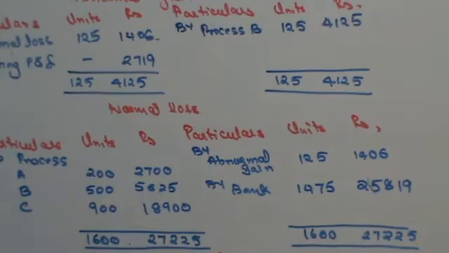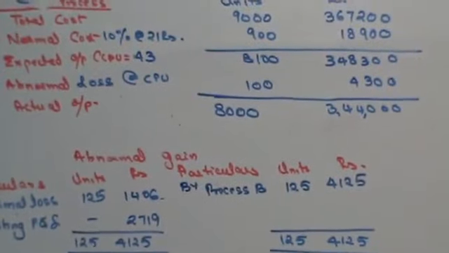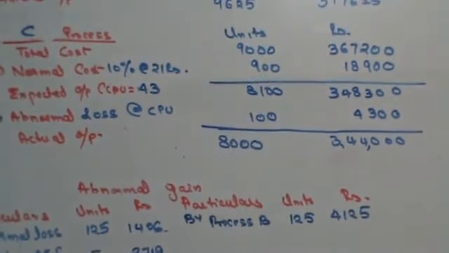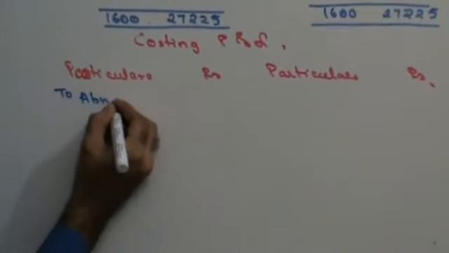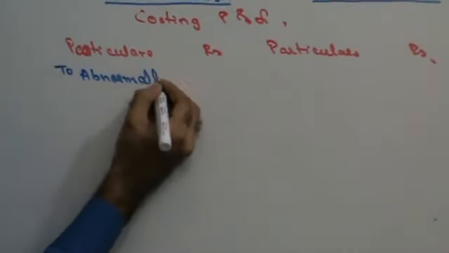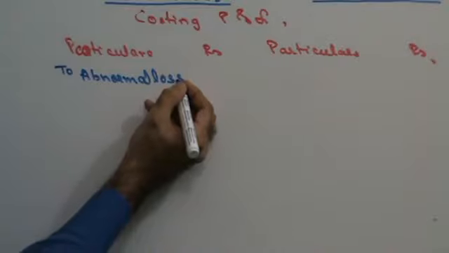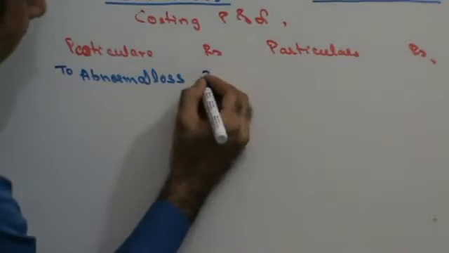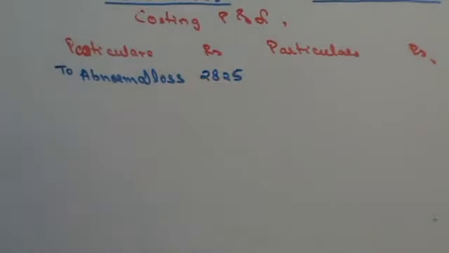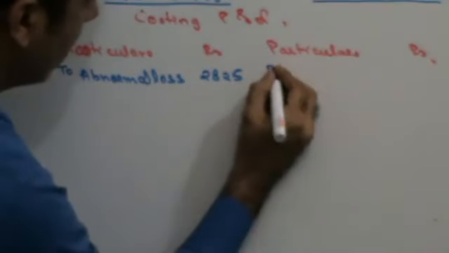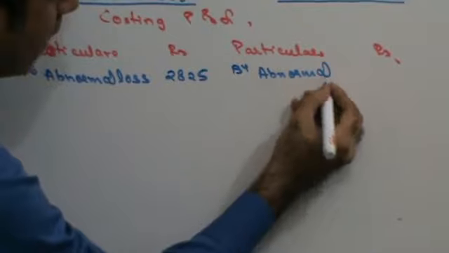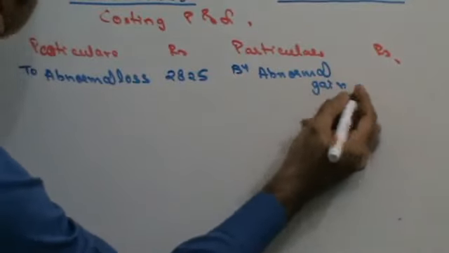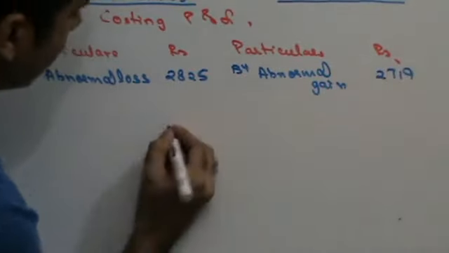Right? Now let's see costing P&L. You have costing P&L only in the abnormal loss and abnormal gain account. In abnormal loss you have this, so this is to abnormal loss is 2,825, and by abnormal gain is 2,719.